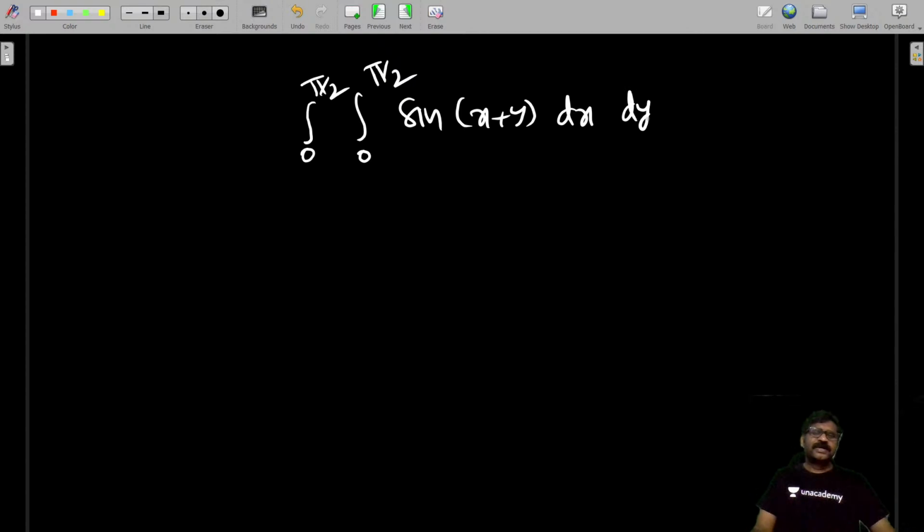Now, first we have to integrate with respect to x. Inner integral limits are 0 to pi by 2. 0 to pi by 2 are limits of x. That's why I am going to integrate with respect to x.